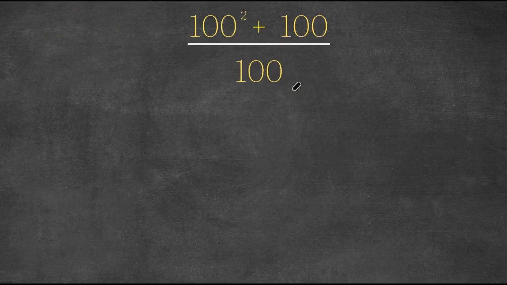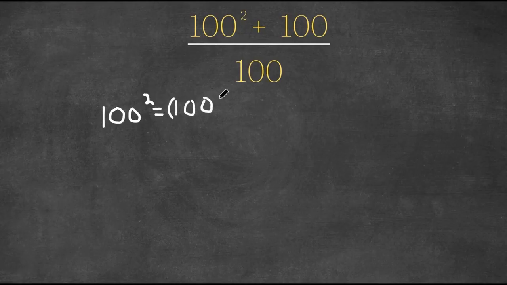Well, 100 squared divided by 100 would just be 100, because 100 squared is equal to 100 times 100.